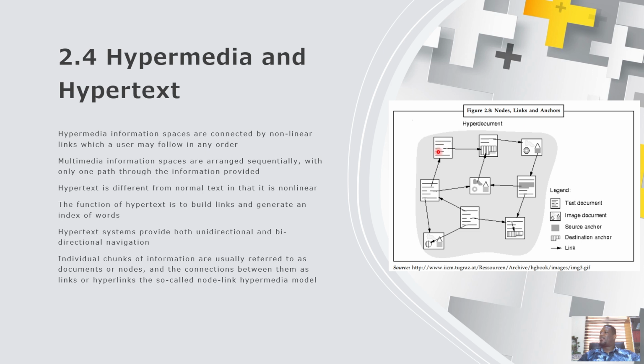And the same text document can also be projected into this text document. So in fact, the movement of these objects is not in a linear order, but rather in a non-linear order. Linear information spaces are arranged sequentially with only one path through the information provided.